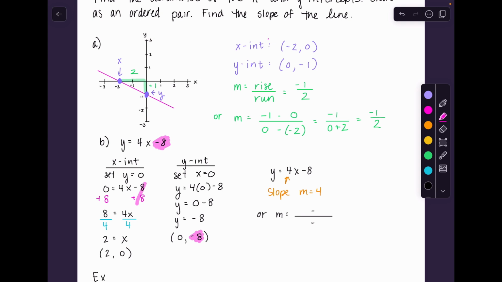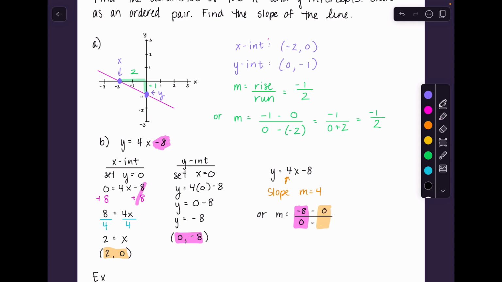Using these points instead, I'll go ahead and fill in 0, negative 8 for this first point, because those have to belong together. The y is negative 8, the x is 0. And then we do 2, 0 as the other point.